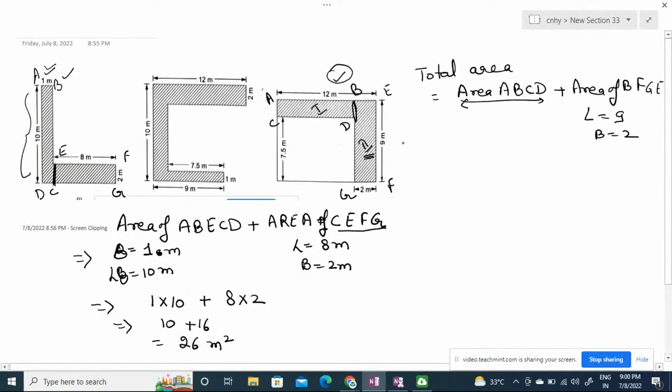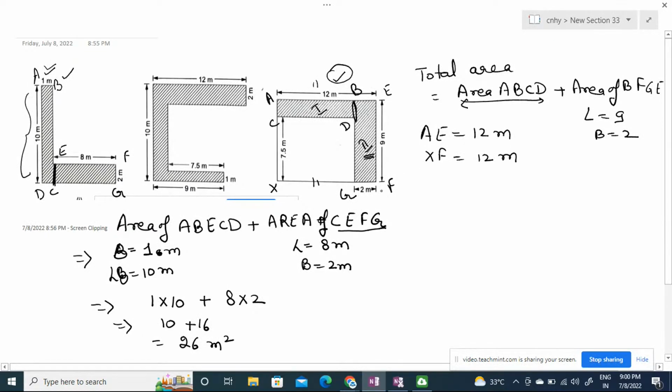So this is the total length, 12. Our length is 12 minus 10 for ABCD. Listen over here. AE is equal to 12 meter, and AE is equal to XF because these are the opposite sides.